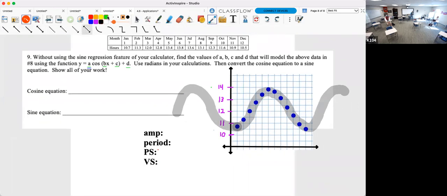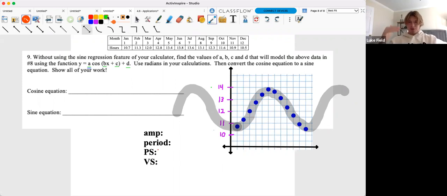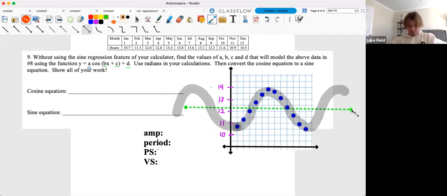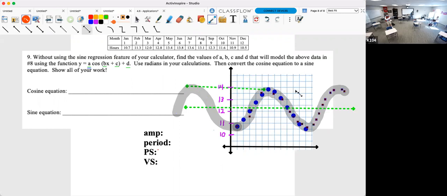Do you remember what the amplitude is on a sine curve? It's from the middle to the top or the bottom, right? So the middle seems like roughly here, and then the top is up here, and the bottom is down here.